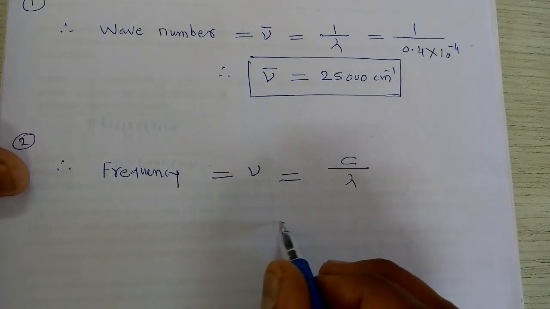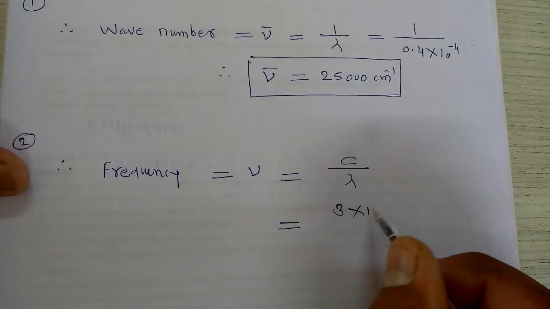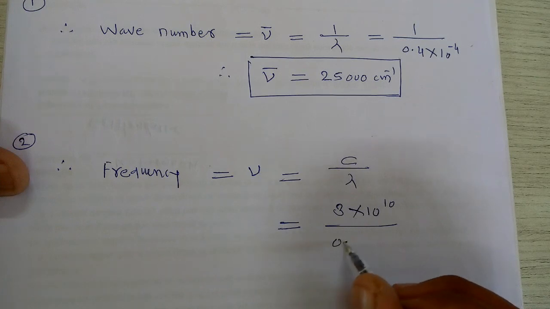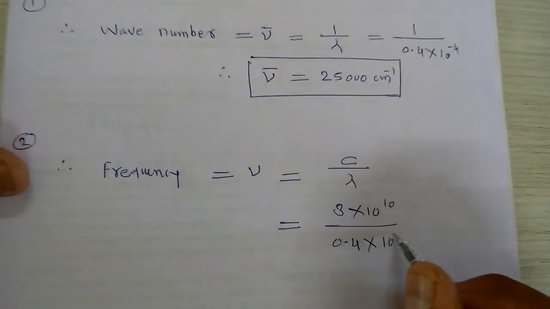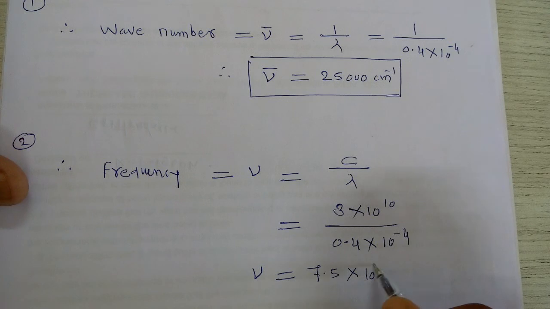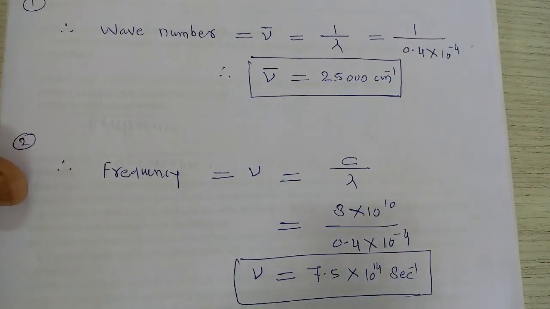Now if I substitute the values, the velocity of light is 3 into 10 raised to 10 divided by the value of lambda, already given, 0.4 into 10 raised to minus 4. If we solve it, the value of this frequency, nu, comes out to be 7.5 into 10 raised to 14 per second. So this is the value for the frequency of the radiation, 7.5 into 10 raised to 14 per second.